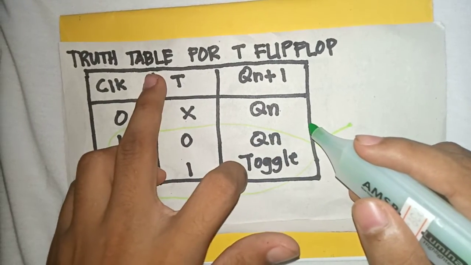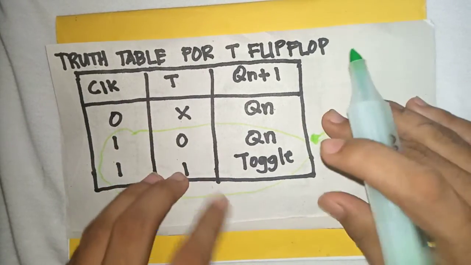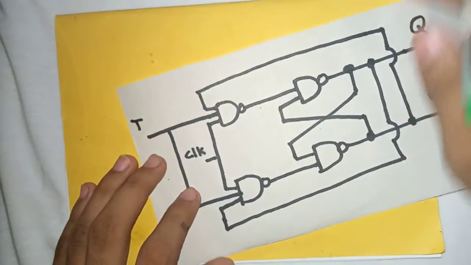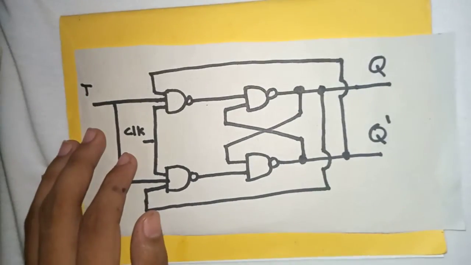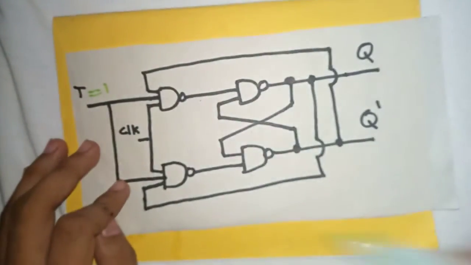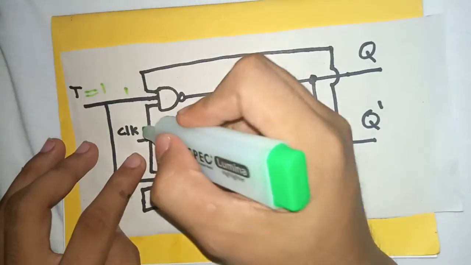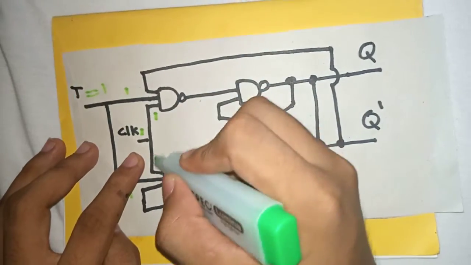We're going to try this one when the toggle is in high state. Here we have a logic diagram. When the T is 1, we have 1 here, also 1 here. The clock is 1, 1, 1.